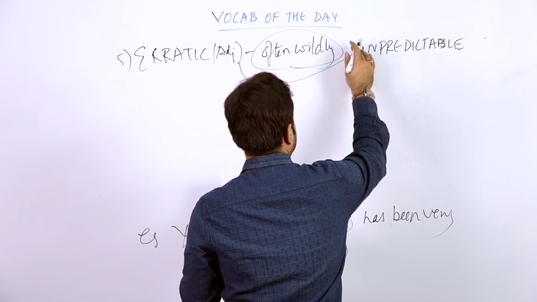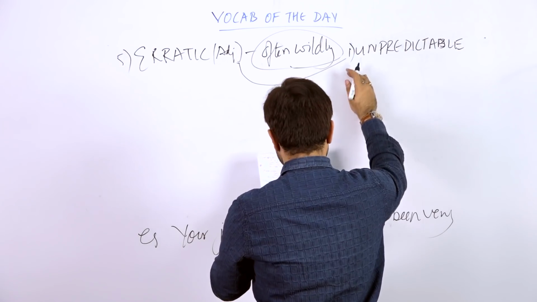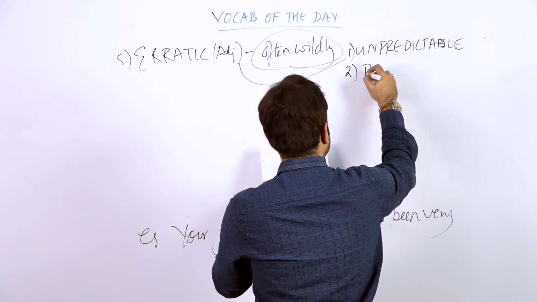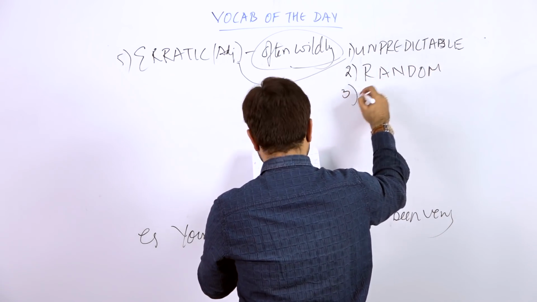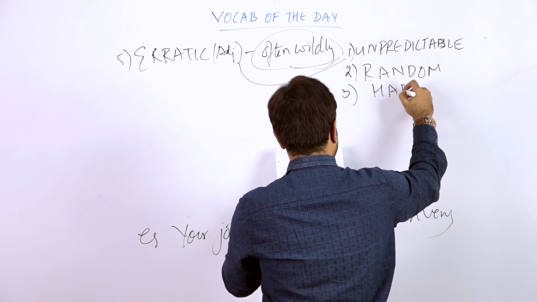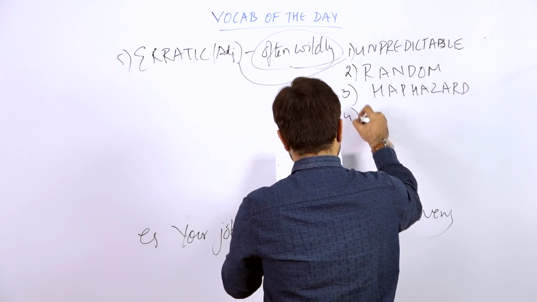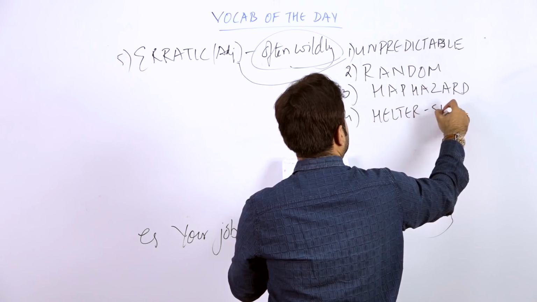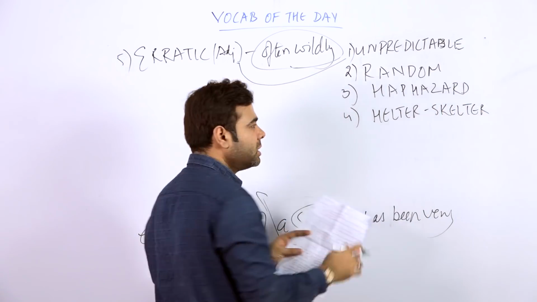So here, this was the first synonym, unpredictable. You can take the word unpredictable as a synonym. And the second word you can take simply, I could say, random. Random will help you out, students, because this is a word which you can easily relate with. Haphazard, H-A-P-H-A-Z-A-R-D. Fourth word you can take is helter skelter, something where things are not managed, things are not in proper order.